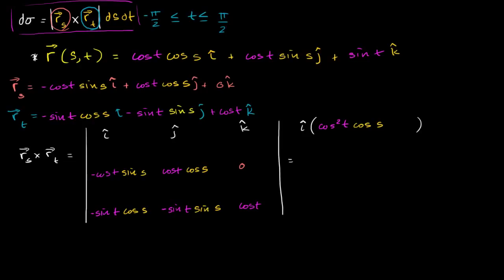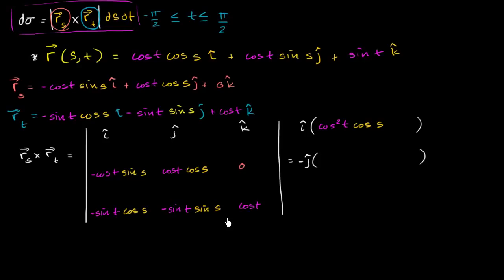Now we're going to do the j component, but you probably remember the checkerboard pattern when you have to evaluate 3 by 3 matrices. Positive, negative, positive. So you have a negative coefficient, I guess, in front of the j, times something. And so you ignore j's column, j's row. And so you have negative cosine of t sine of s times cosine of t.